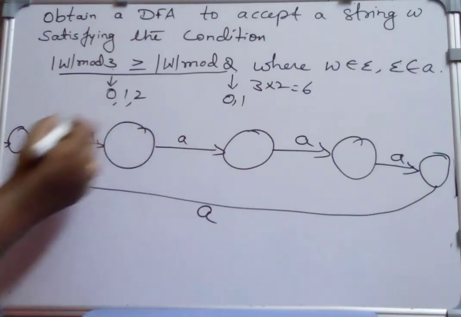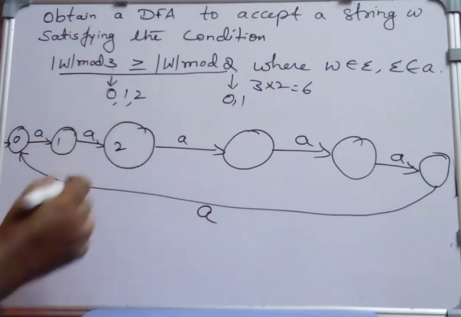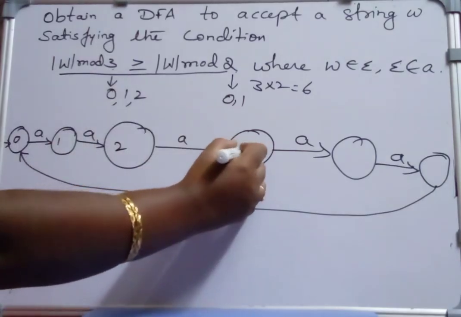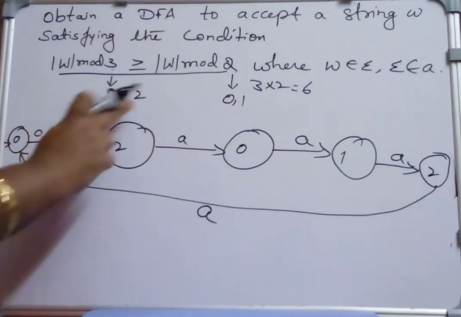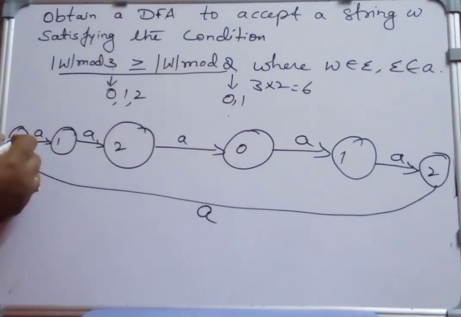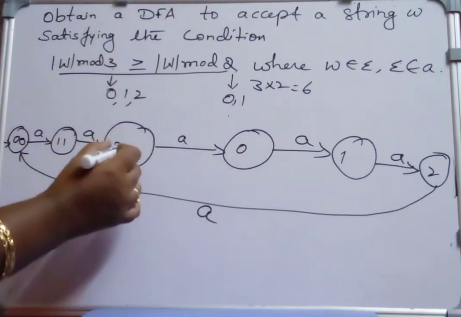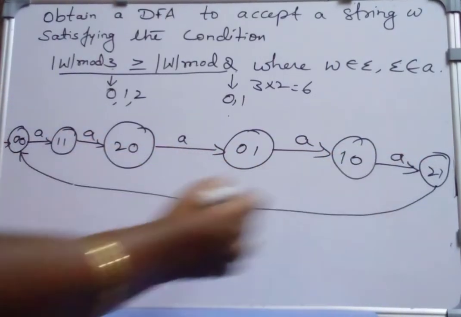I will take mod 3 remainders 0, 1, 2 and continue the sequence. The next is 0, 1, 2 and take the possible remainders of 2, that is 0 and 1. So give here 0, 1, 0, 1, 0, 1.